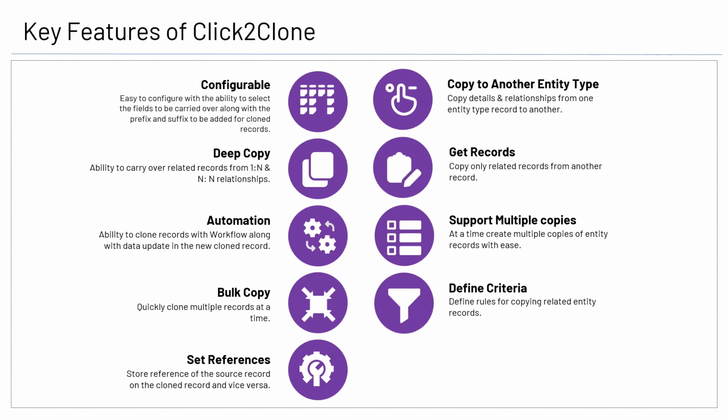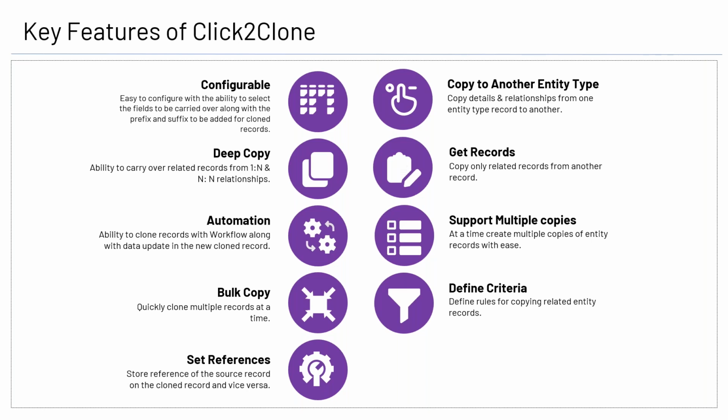with a single click. You also have the deep clone or the deep copy feature, which has the ability to carry related records from one-to-many or many-to-many relationships as well. One of my personal favorite features for Click2Clone is the get records. Now imagine, like I mentioned, I come from a business development background.